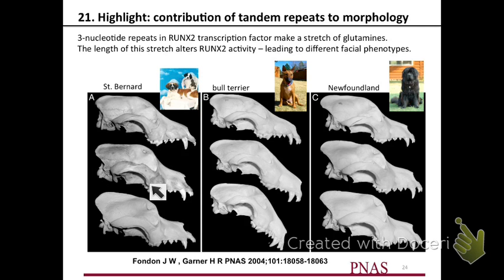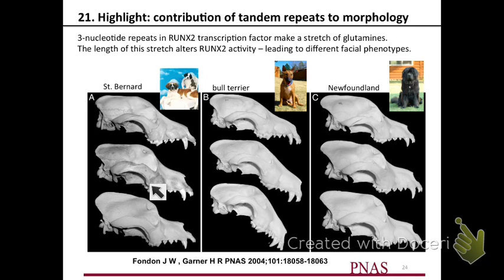What they found is the breeders like a certain facial feature, and they keep breeding it to make that feature more prominent, and basically they were selecting for the number of repeats in this transcription factor. So the dogs that have certain features had higher or lower copy numbers of that repeat. So the repeats provide a lot of phenotypic differences within a species if it happens in a gene.